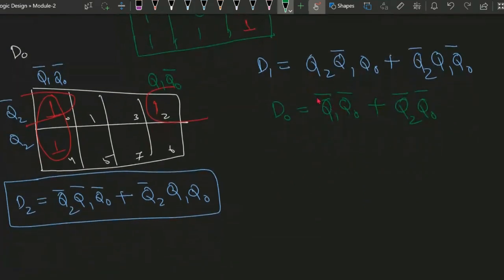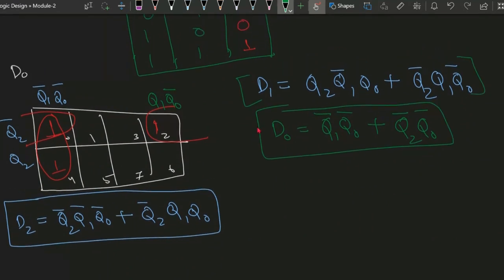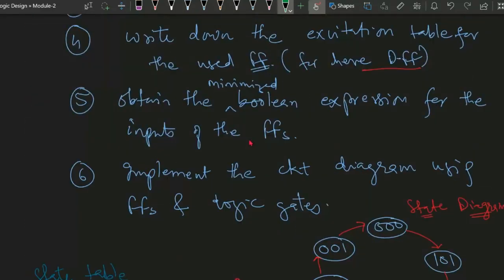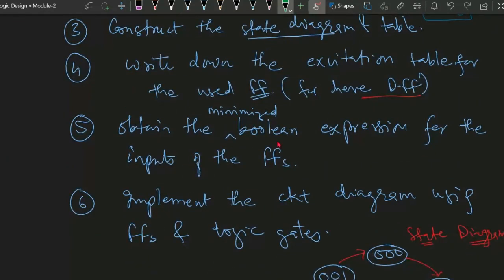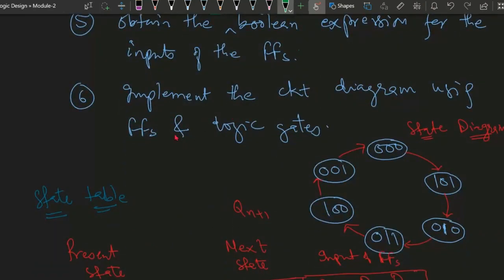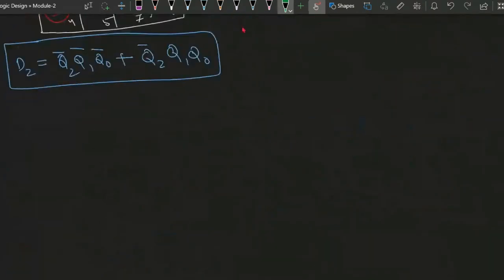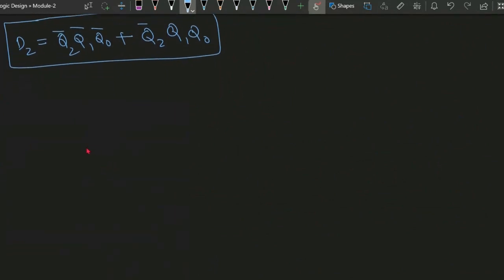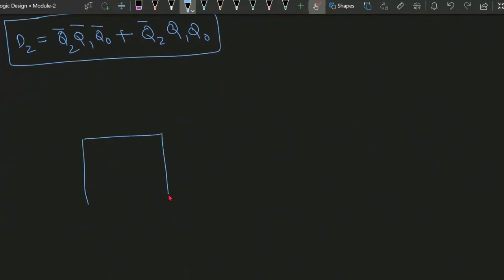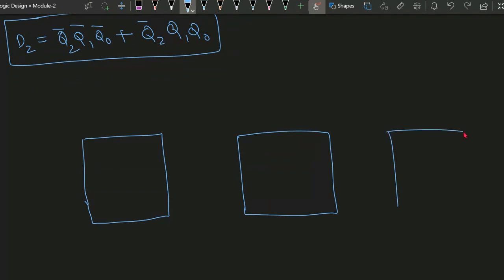So after simplification, we have got the expressions for D0, D1, and D2. Once we have got the minimized expressions, we will be implementing the circuit diagram by using the flip-flops and the logic gates. So how will the circuit diagram look? First of all, there will be 3 flip-flops.